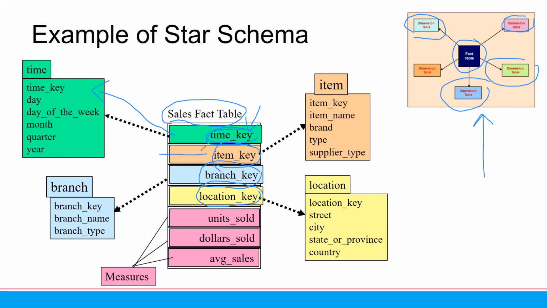If it is related to the item key, we access the item table, which has the item key, item name, brand, type, and supplier. If we want to know about brands, we connect to the brands table, and for location, we connect to the location table.